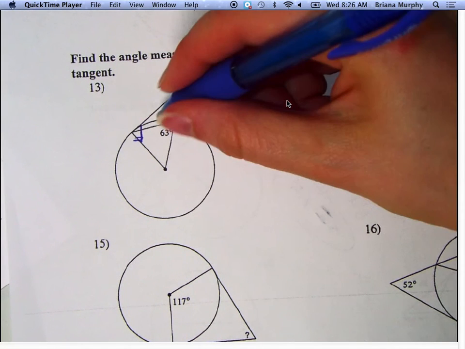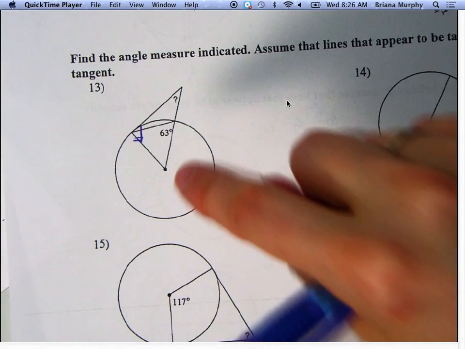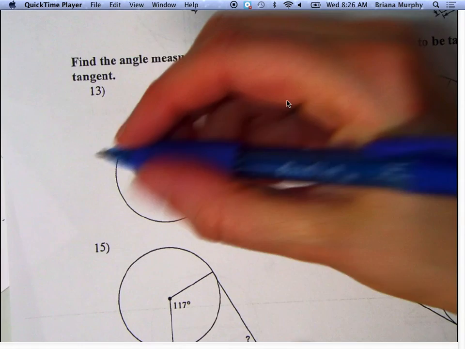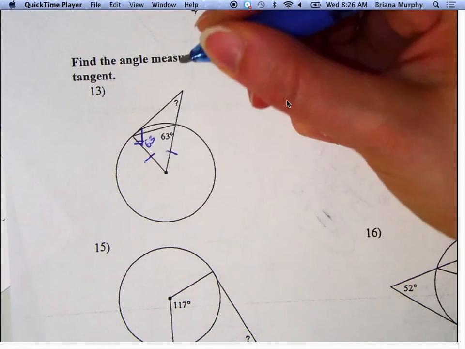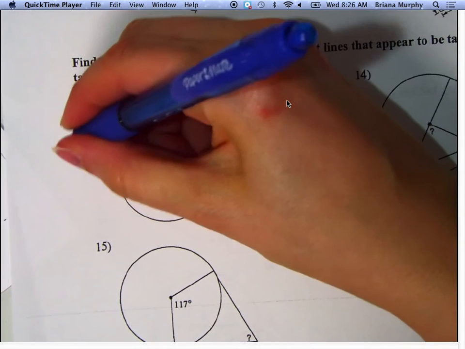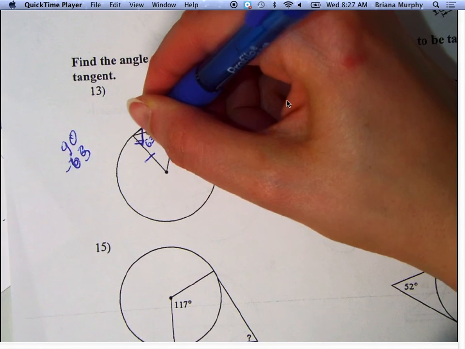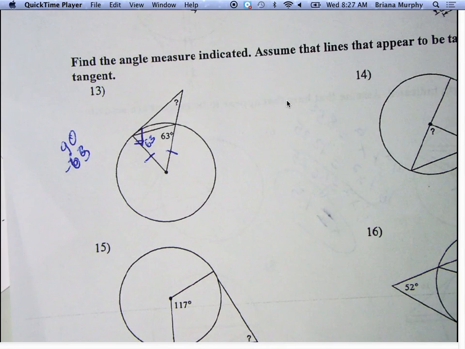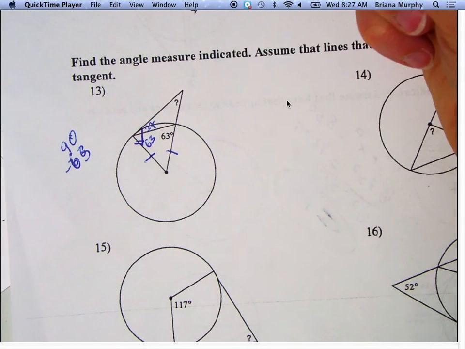These are both the radiuses, so I know this part right here has to be 63. So now 90 minus 63 gives me this little piece up here, 27.